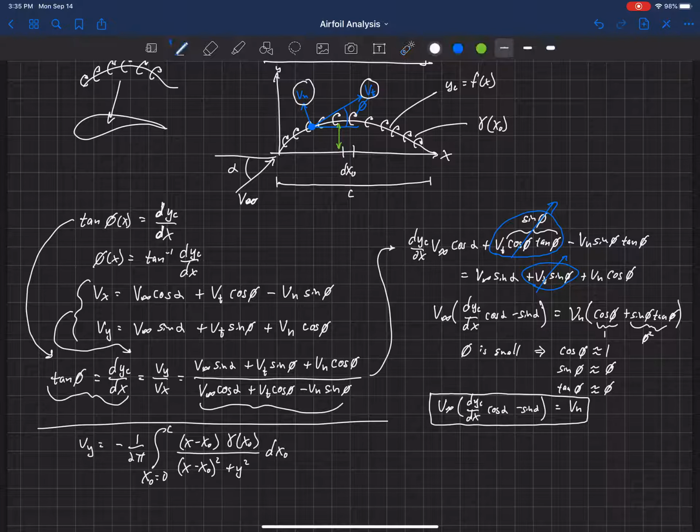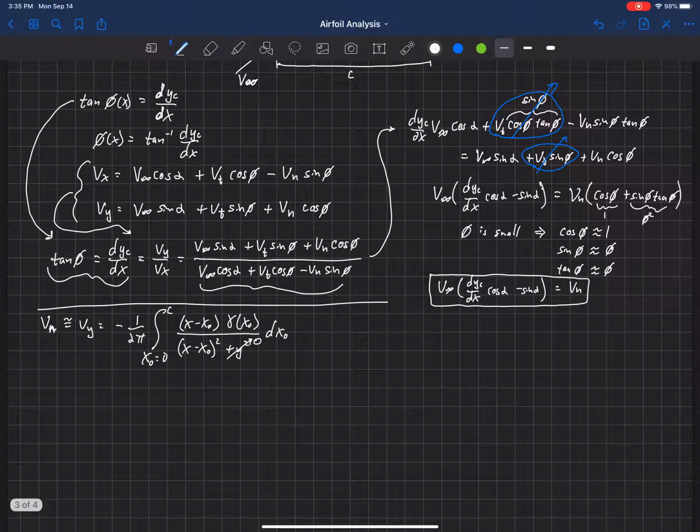So we're going to say that Vn is about equal to Vy, or very, very nearly equal to Vy. And we're only interested in that velocity actually where y equals 0, or in other words, on the camber line itself, or the chord line, once that camber line has been smashed down to the chord line through the approximations that we're using here. So that means that this y is equal to 0 here.